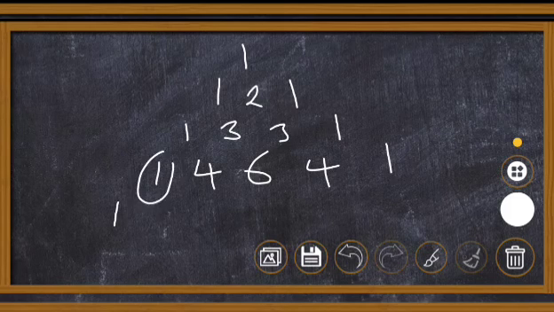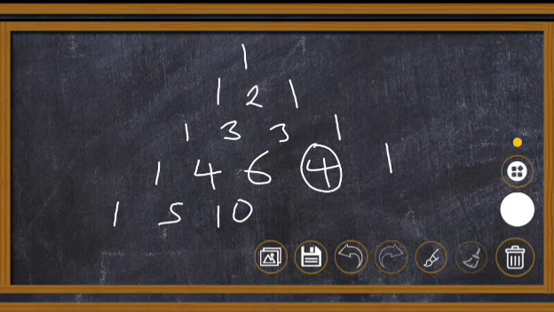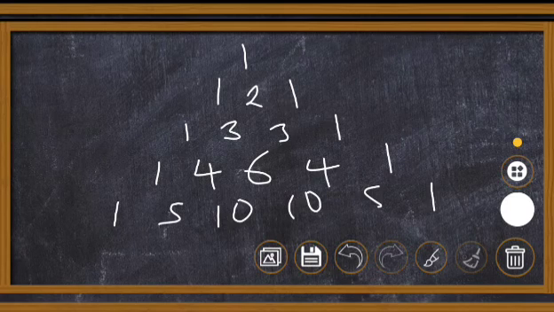So 1 plus 4 is 5, and then 4 plus 6 is what? It's 10. Same, 6 plus 4, it's going to be 10. And then 4 plus 1, we're going to have 5. Okay, so again we have 1, then 1 plus 5 here, we are going to have 6, and then 5 plus 10, we are going to have 15.